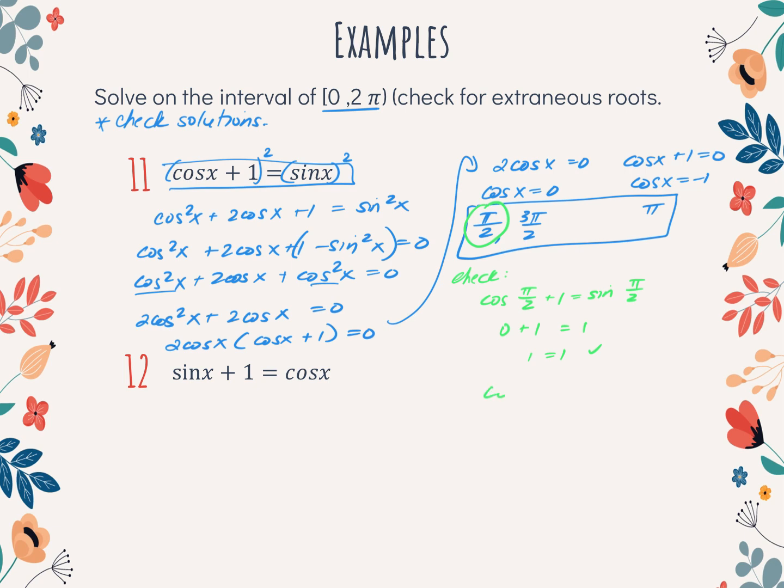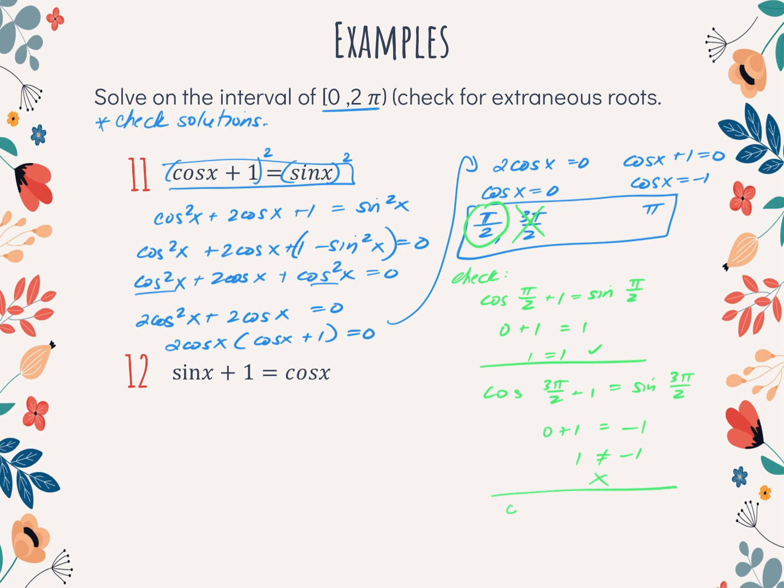The next one, cosine of 3 pi over 2 plus 1 equals sine of 3 pi over 2. So again, the cosine of 3 pi over 2 is 0 plus 1. The sine of 3 pi over 2 is -1, and 1 does not equal -1, so this is not a valid solution.